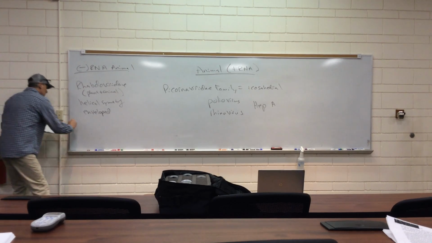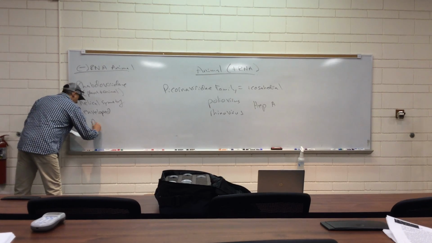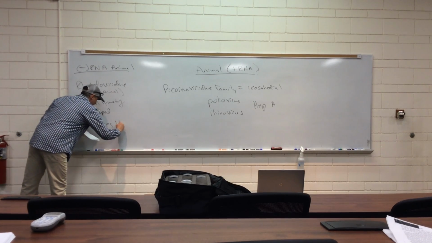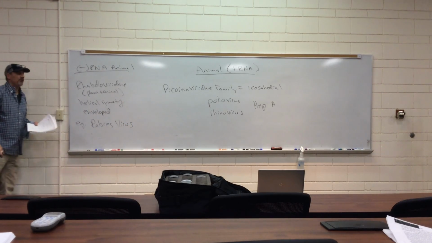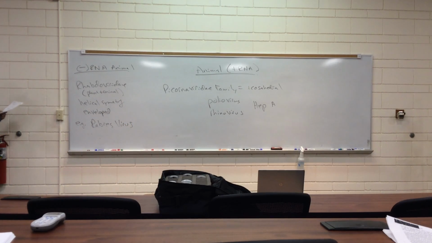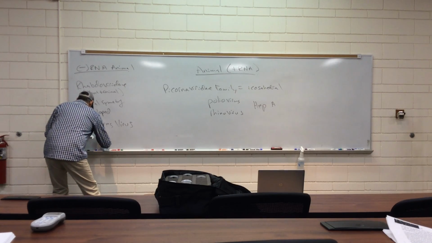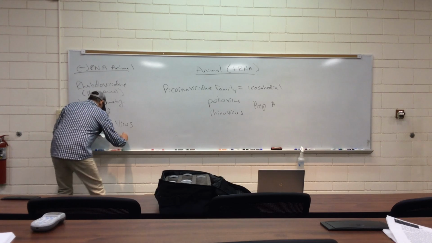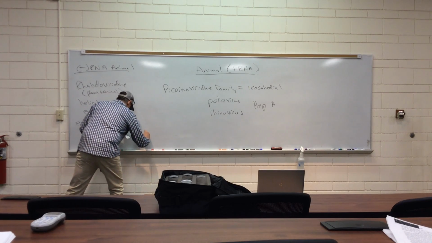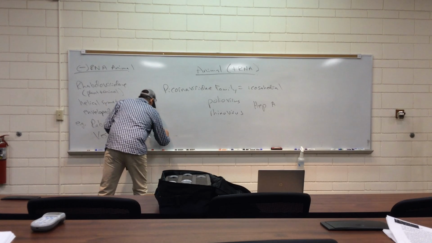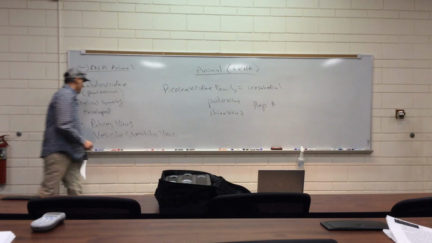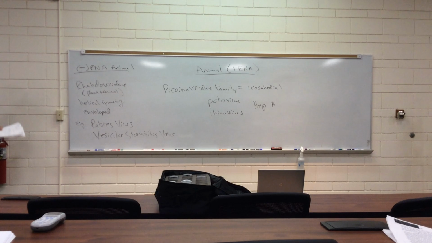Two great examples here. Of course, the rabies virus. And another one, unless you're an Aggie, you probably haven't heard of it. And that'd be vesicular stomatitis virus. We find it in ruminants like sheep, cows, and in humans as well.